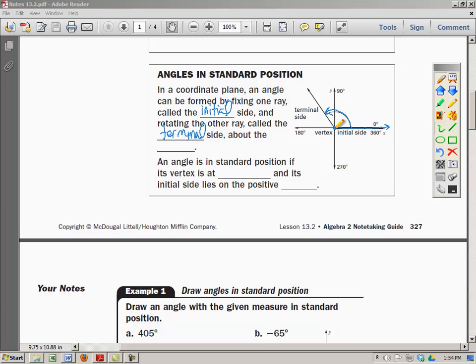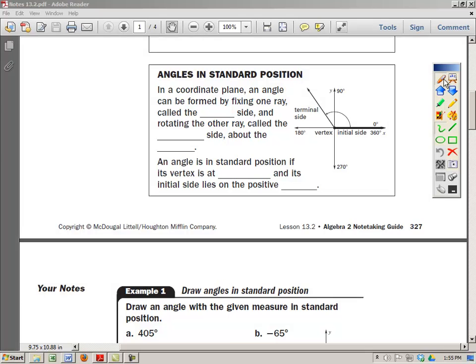An angle in standard position is if the vertex is at 0, 0, or the origin, and its initial side lies on the positive x-axis. So this angle that's drawn right here, maybe this is a 140 degree angle, would be in standard form because its initial side is on the positive x-axis, and its terminal side kicks out over here and makes an obtuse 140 degrees.